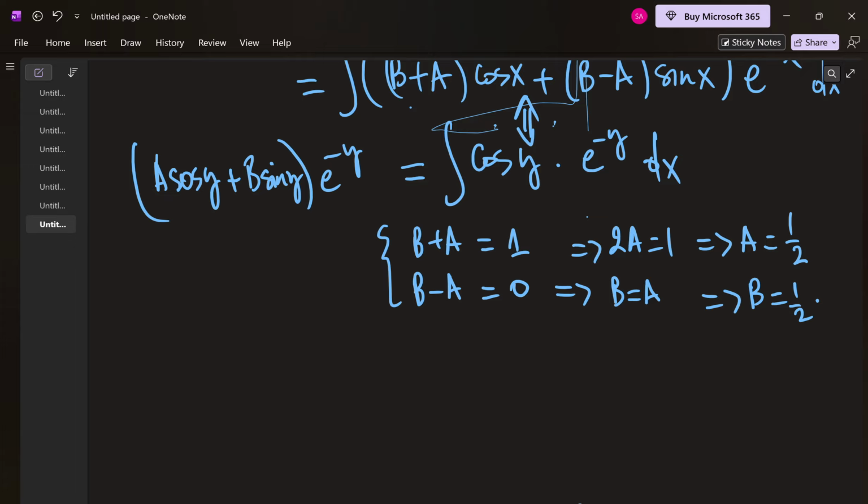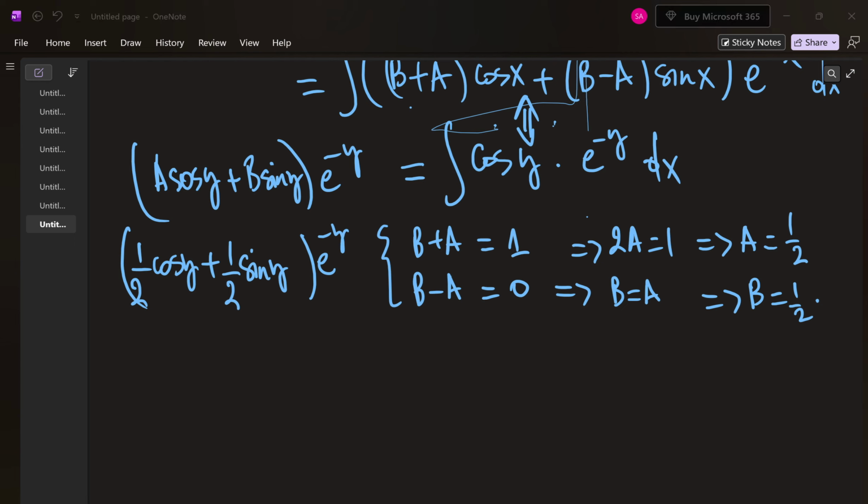We substitute a and b by their values. So you get 1 over 2 cos y plus 1 over 2 sine y, exponential minus y.